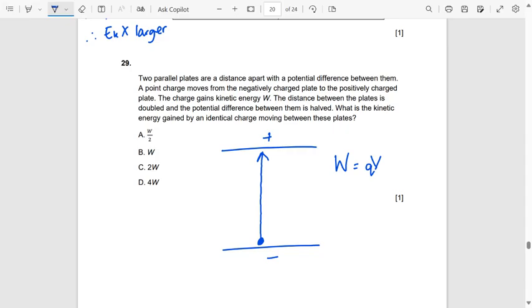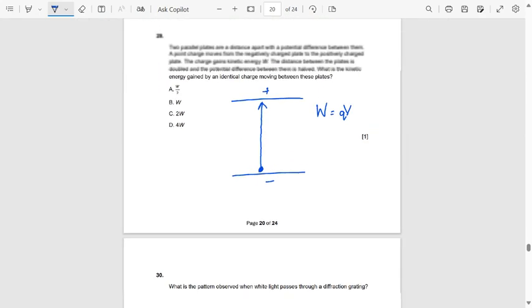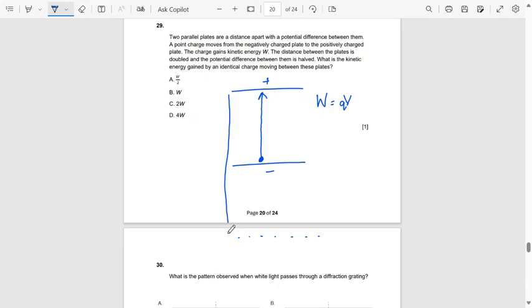So, okay, the distance between the plates is doubled. Oh, okay, so it's now doubled. Okay, so let's say that was distance D, that's distance 2D. And the potential difference between them is halved. So let's call that prime.